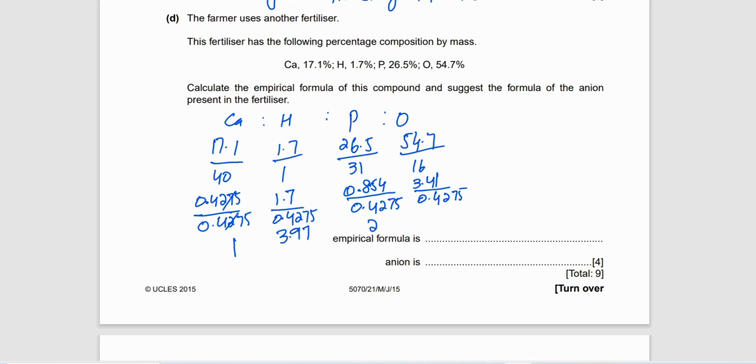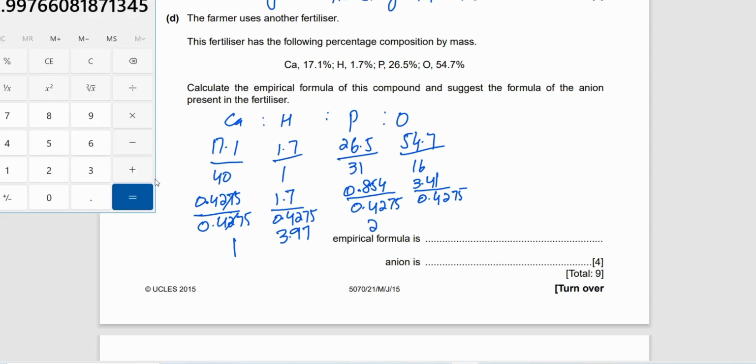Okay, and here we go for third. 3.41 divided by 0.4275, it becomes almost 7.97.